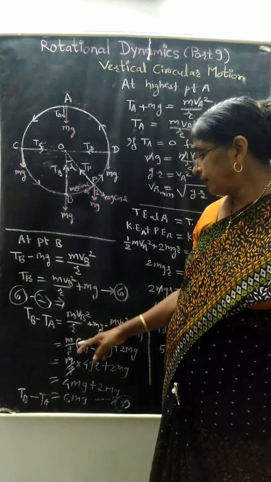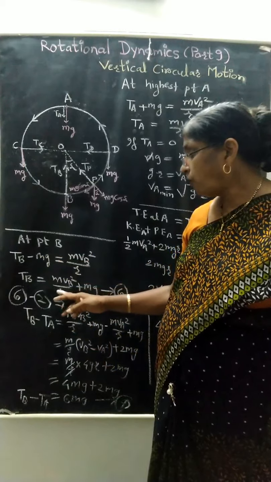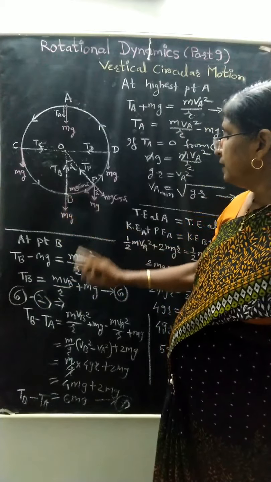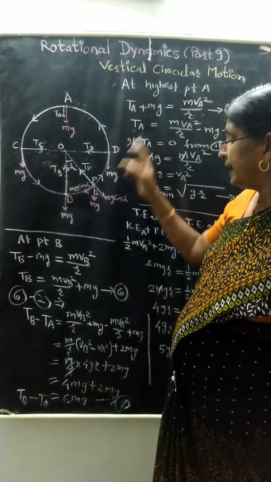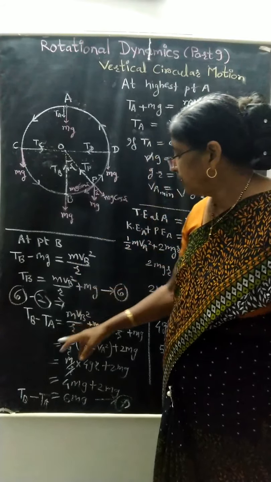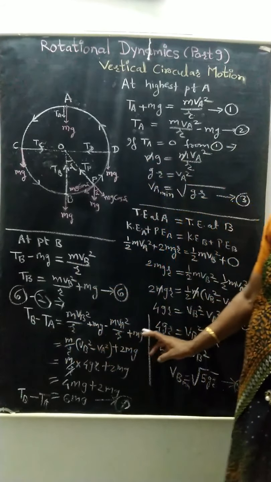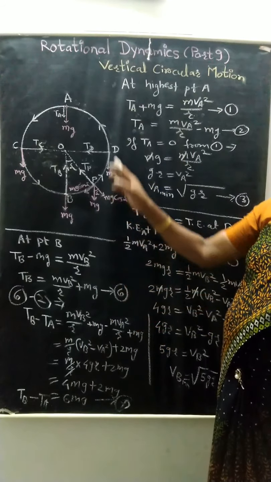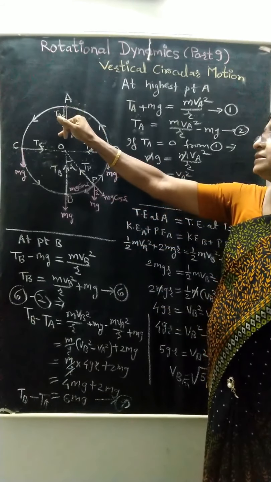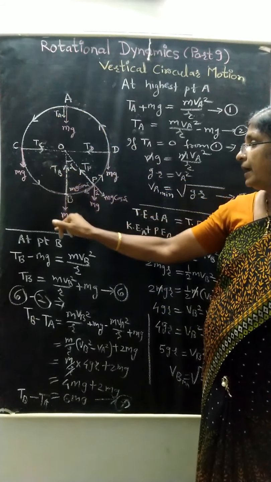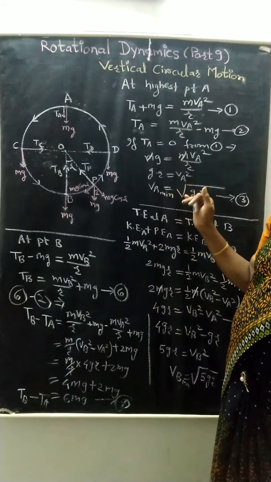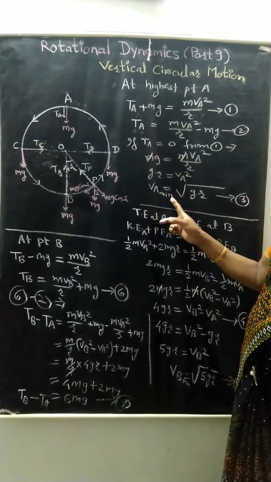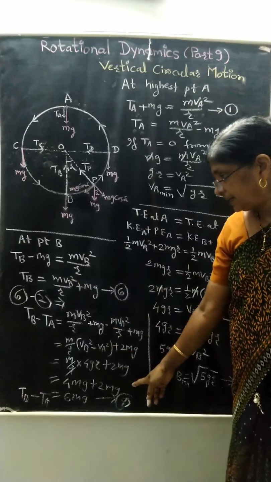When we have to find out the difference in the tension, then we have formed the equation for TB from the figure itself, and then the equations for TA and TB are used to find out the difference in the tension. So in this manner we should remember the logical steps, that is the resultant of TA and mg is important, the resultant of TB and mg is important for finding the values of the velocity, and here the difference in the tension.